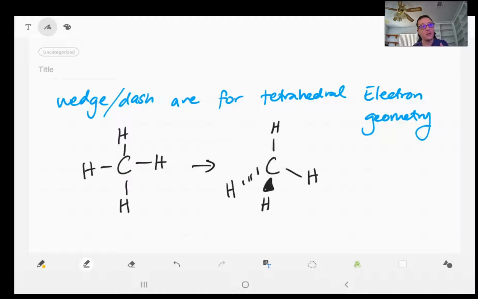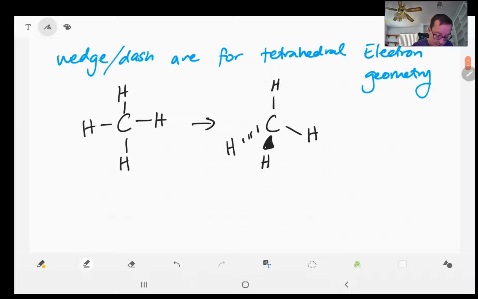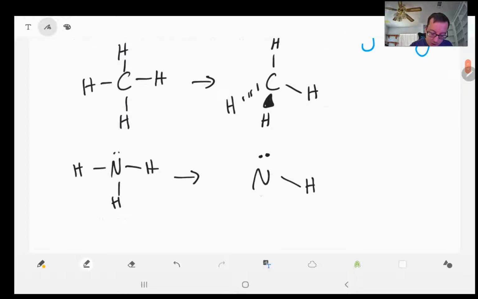And even if we have a lone pair on something, say like ammonia, we would still need to do wedge and dash if we really wanted to show it in 3 dimensions. This helps us see that this has got to be that trigonal pyramidal shape. So we're looking at these just to show us 3D shapes of things.